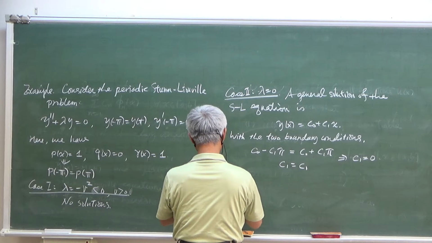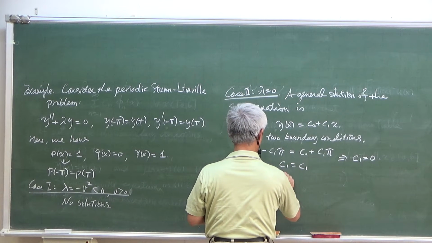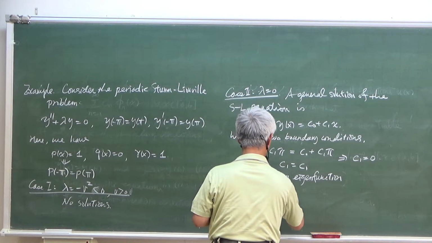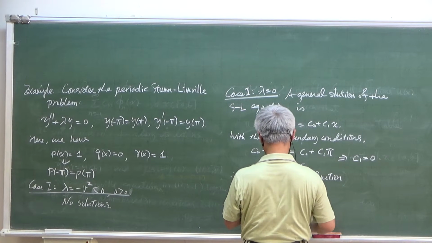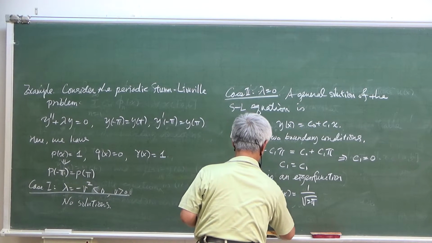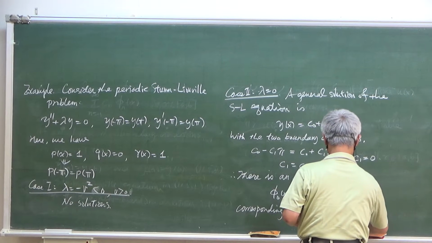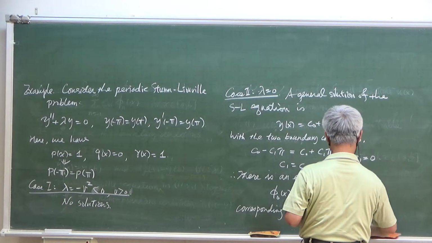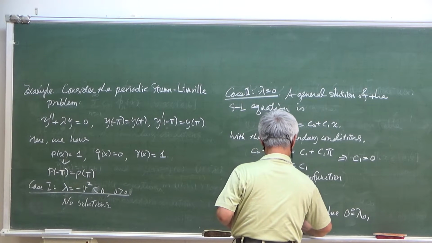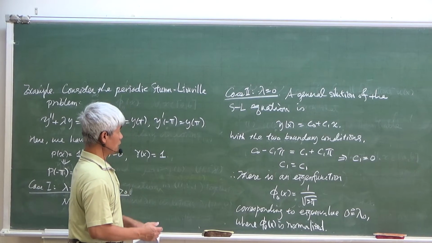So this implies that there is an eigenfunction y0 = 1 over square root of 2π, corresponding to the eigenvalue 0. This y0(x) is normalized, because r(x) is 1 here.